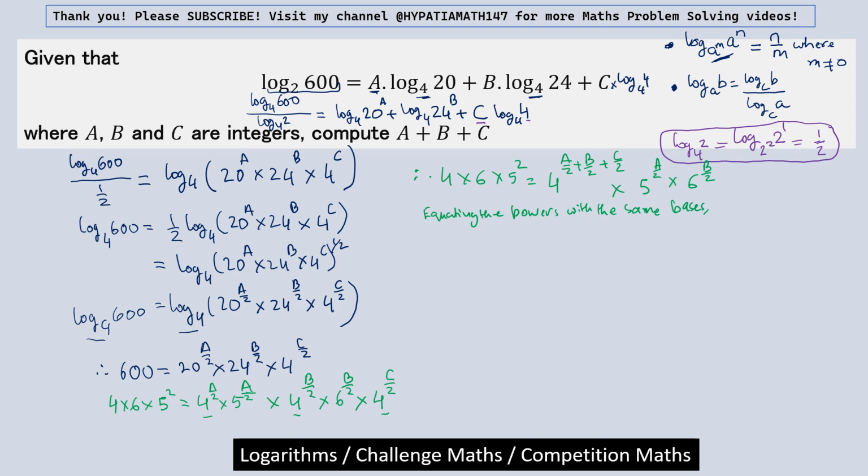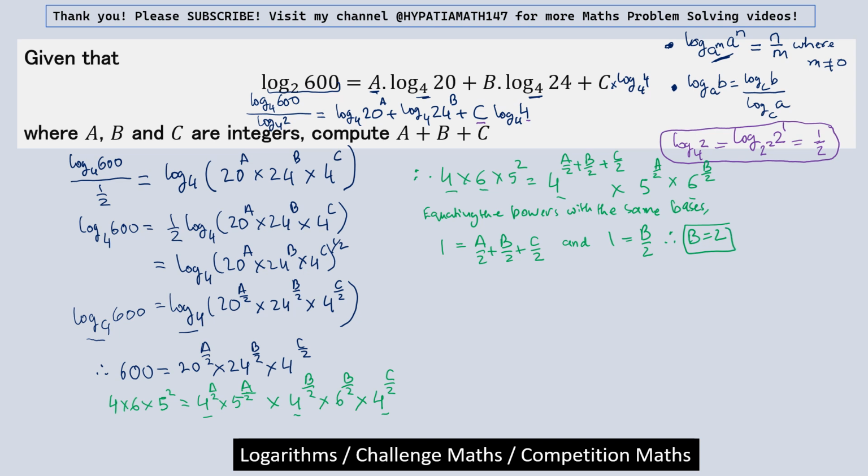what I would have is 1 equals, because 4 is to the power 1, so 1 equals a out of 2 plus b out of 2 plus c out of 2. Then for 6 I would get 1 equals b out of 2, and therefore b equals 2.